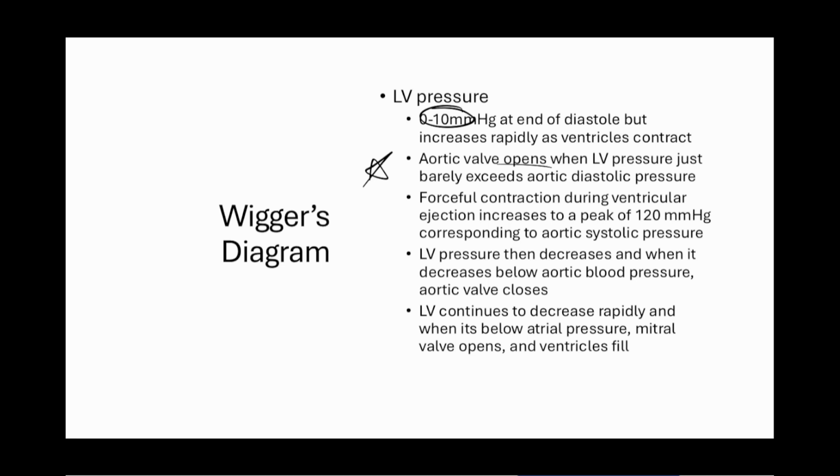And as soon as it generates enough pressure through that isovolumic contraction, when it's higher than aortic pressure, the aortic valve opens and the blood leaves. What number do you think we use to simulate aortic pressure?